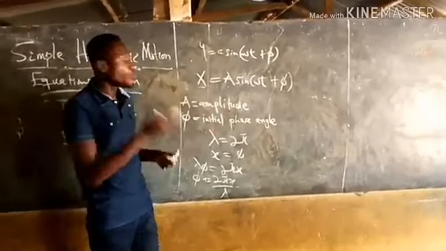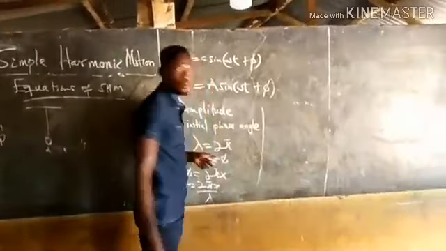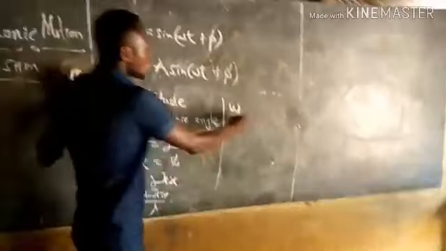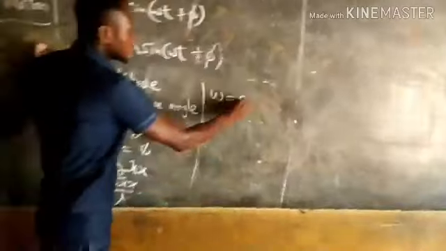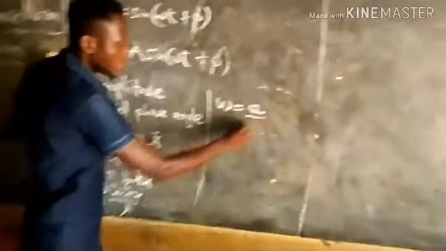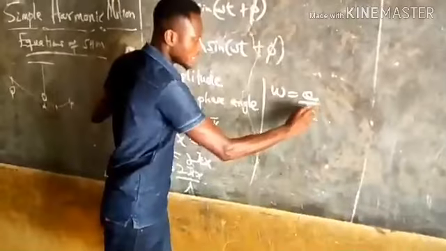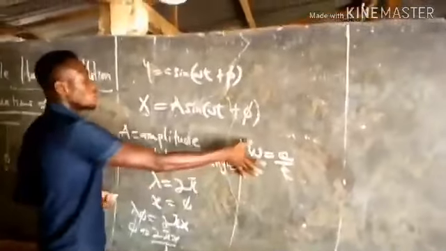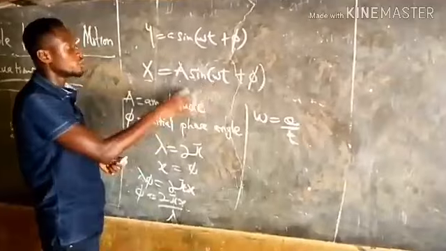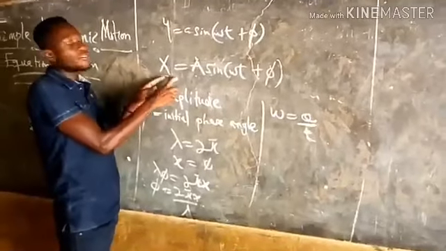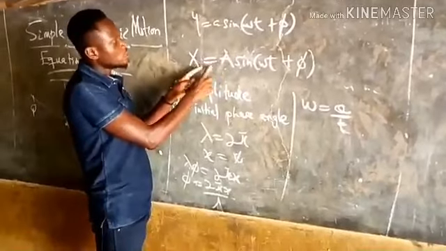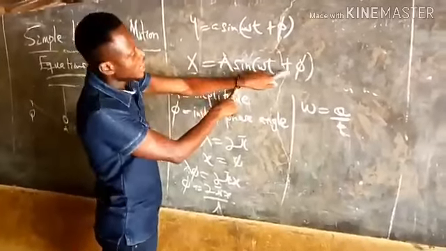And from wave motion or circular motion, the angular velocity ω equals angular displacement, that is θ, over time. But we are not going to concentrate on this. We are doing simple harmonic motion. So that's the displacement function for a body undergoing simple harmonic motion: x equals A sin(ωt + φ).